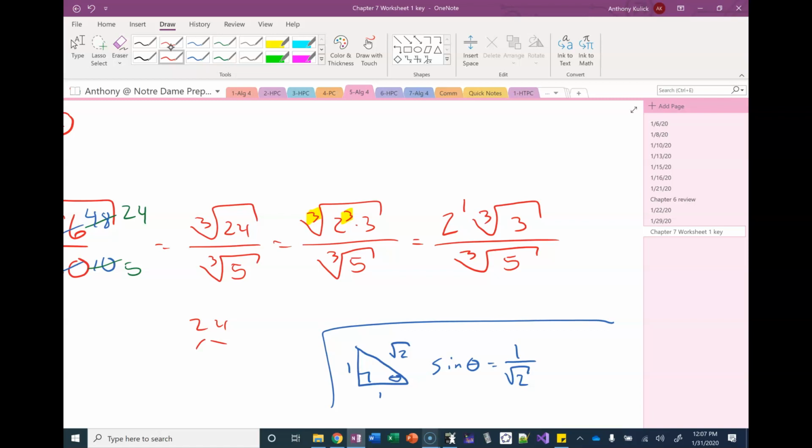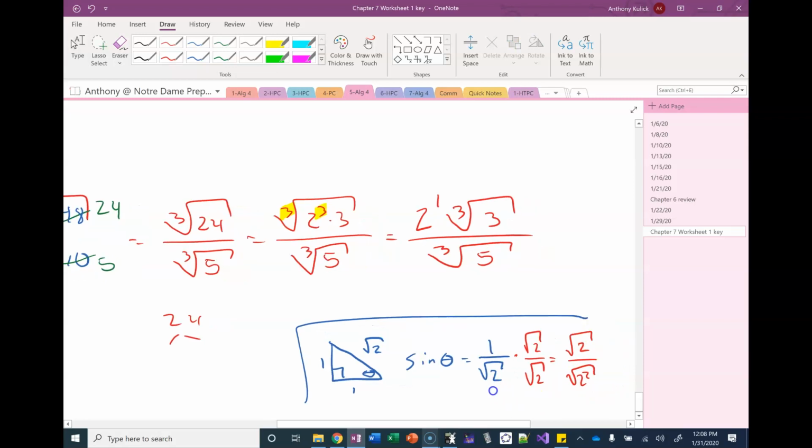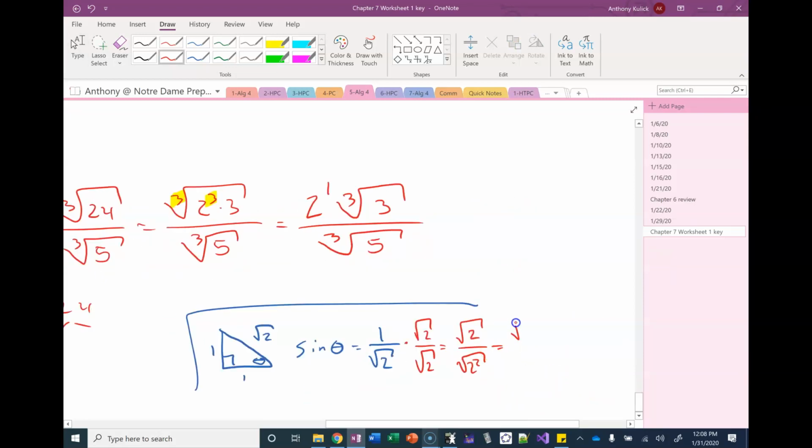It wasn't the Pythagorean theorem. Multiply that by square root 2 over square root 2. Because when we do that, we get the square root 2 over the square root of 2 squared. And how does the square root of 2 squared exchange out?